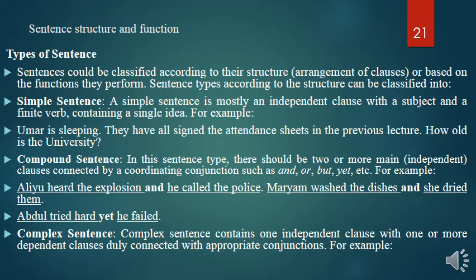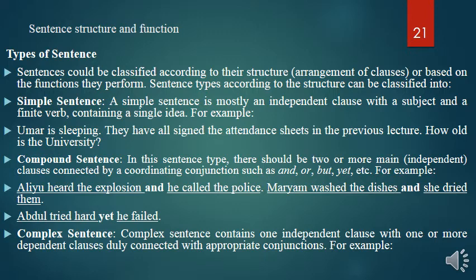So we can see that we have two different clauses linked by the coordinating conjunction and. Mariam washed the dishes and she dried them. Mariam washed the dishes is an independent clause. She dried them is also an independent clause, but they are combined in one sentence, and that is why they are called a compound sentence.